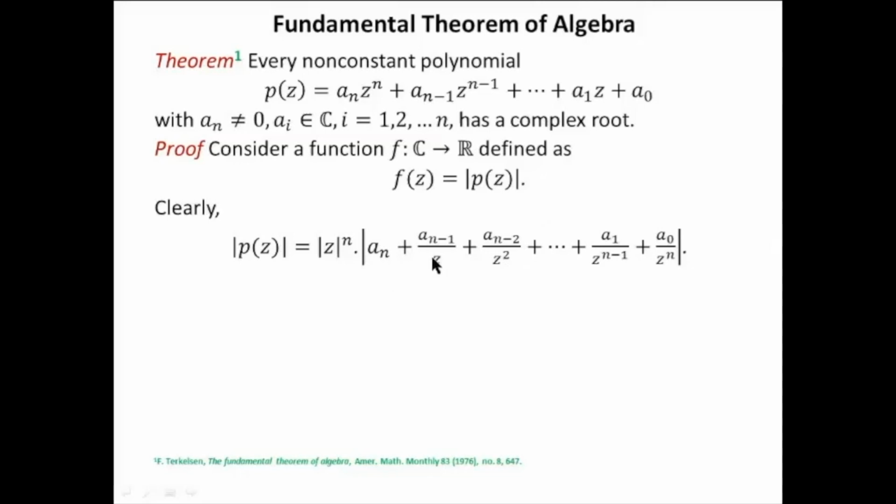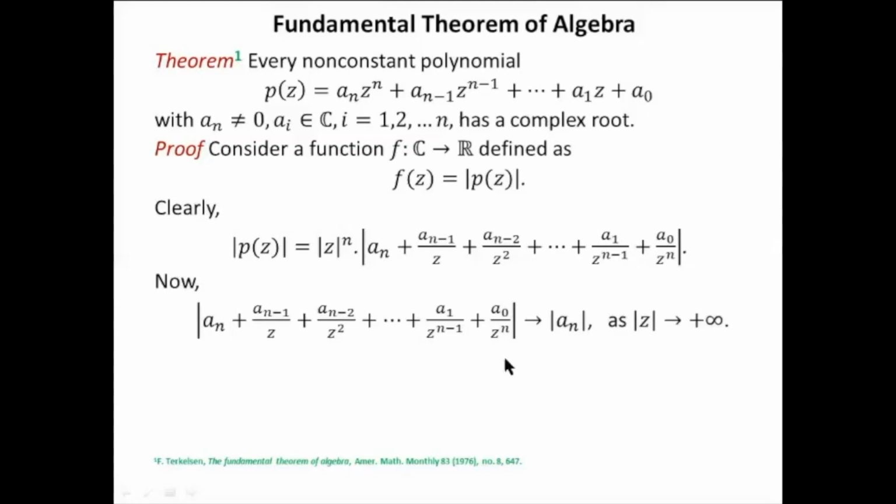Now if I take mod z going to infinity, the second, third, fourth terms in the summation all go to 0. So what do we have? This modulus term goes to the modulus of an as mod z goes to plus infinity. Of course, an is non-zero, so the modulus of an is strictly greater than 0. So the second term in the modulus goes to a finite number.